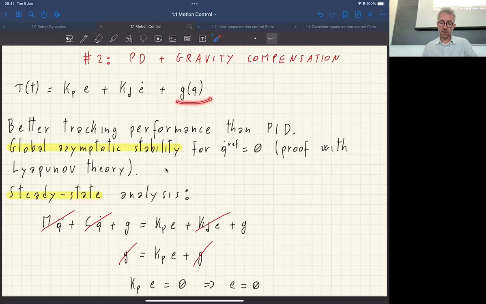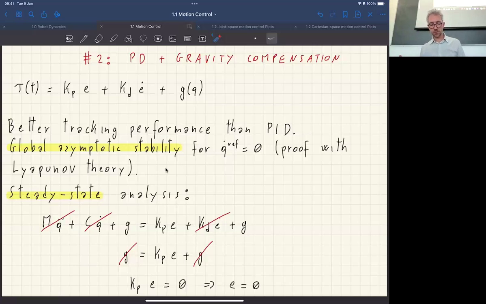So here we are replacing the integral term that we had before in the PID with the gravity compensation. So we are only using that part of the model. We are not using the Coriolis centrifugal terms. We are not using the mass matrix. We are just compensating for gravity because actually gravity tends to be the most important part of the model to compensate for.